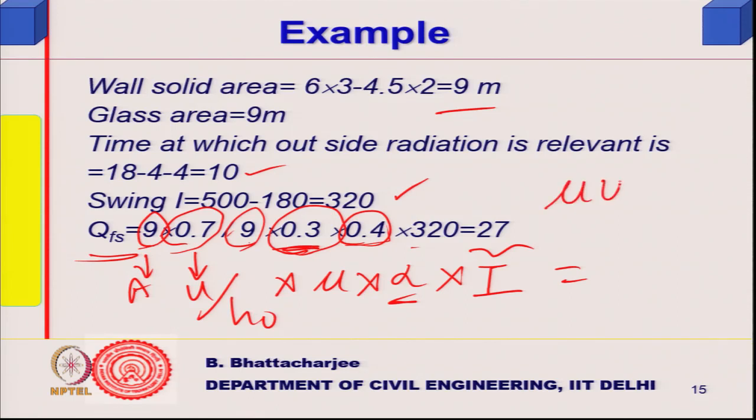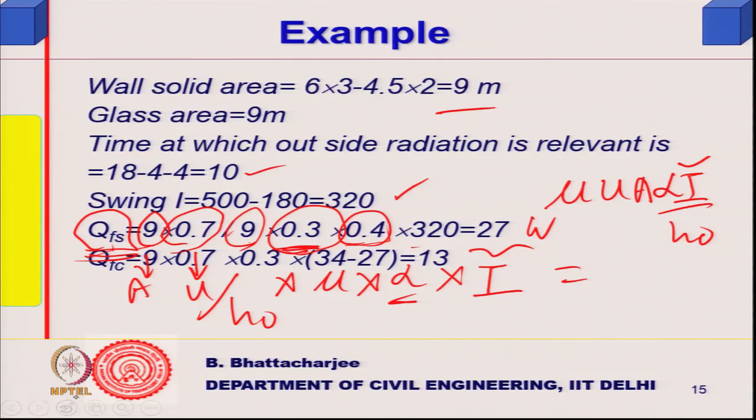So, mu U A alpha I swing by H naught will be the heat coming in due to radiation falling onto the opaque surface. So, that comes out to be 27 watt. So, that is how we calculate.